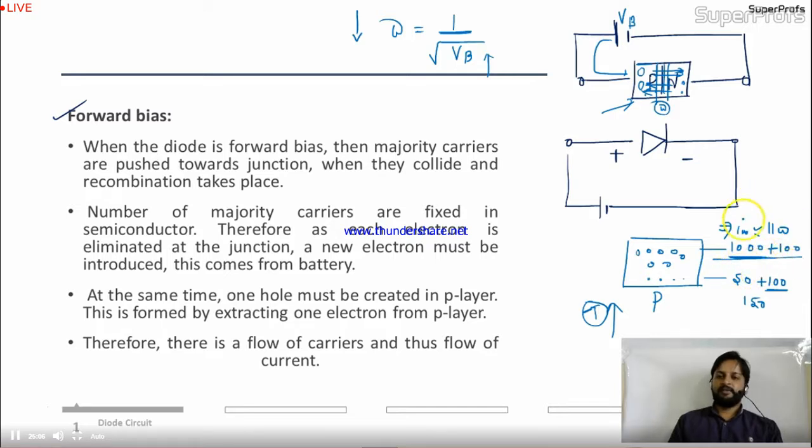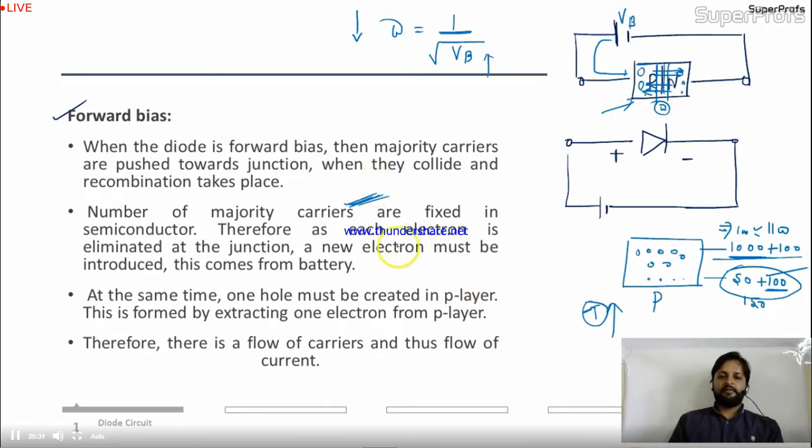Billions of electron and hole pairs are there inside the P region, right? So the increment in the majority carriers is negligible, but the increment in the minority carriers is tremendous. So the number of majority carriers of the device is fixed.